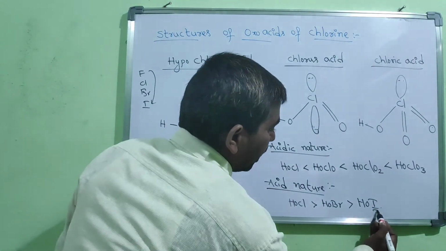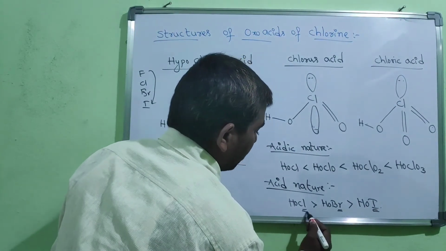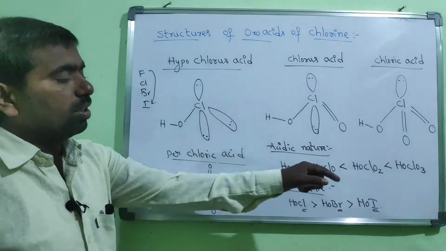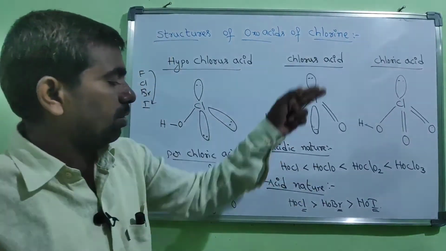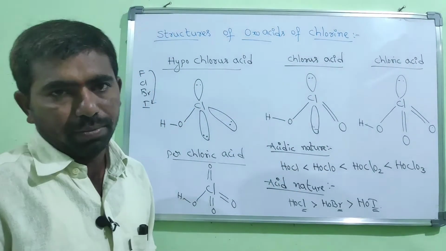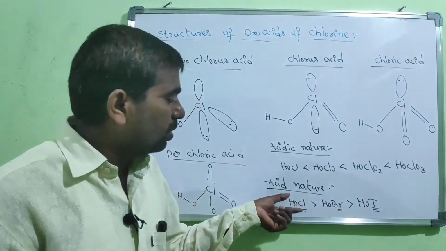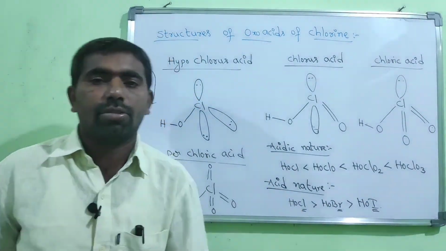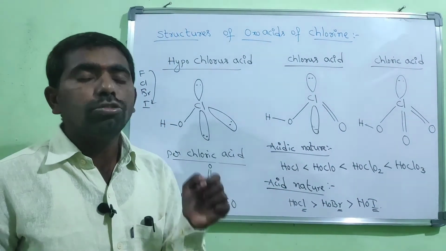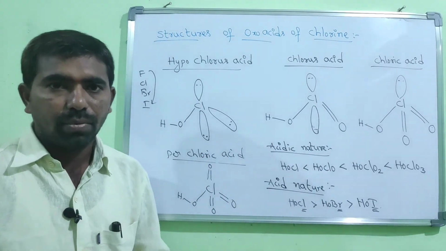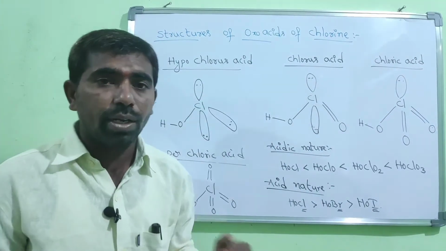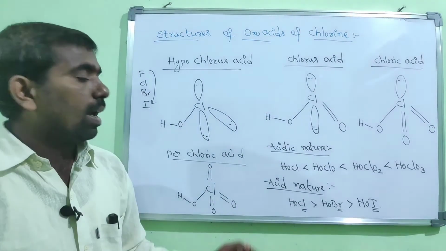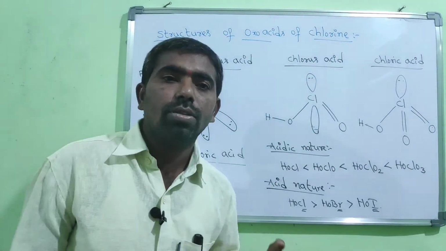Due to the decrease in the electronegativities of halogens from chlorine to iodine, the acidic strength of these oxo acids of halogens also decreases. So among these 3, HOCl has more acidic character. This is about the oxo acids of halogens, especially the oxo acids of chlorine, their structures and their acidic nature or strength.